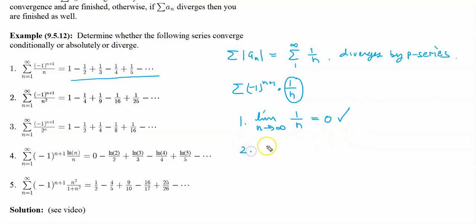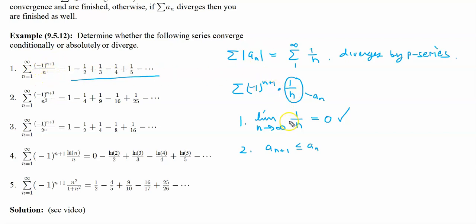Condition 2, are the an plus 1 terms less than or equal to the an terms? Well, in this case, these are the an terms now, remember. When we did this up here, we considered the an as being the entire term in this summation, including the -1.